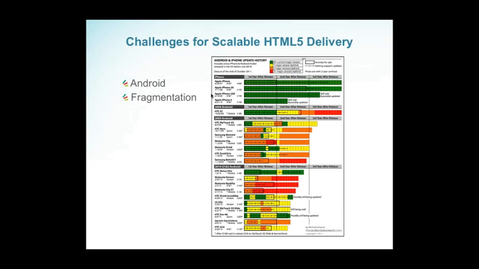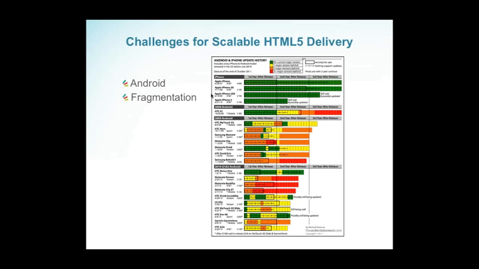One challenge, of course, is the diversity of platforms that you are going to have to try to deliver to. This is a chart that was posted on understatement.com. It showed the Android fragmentation market and the problems there.